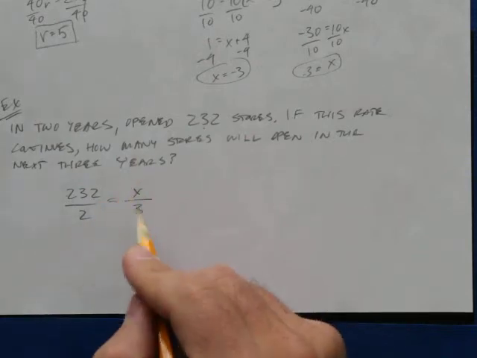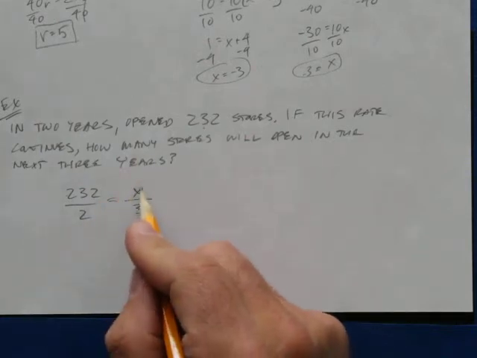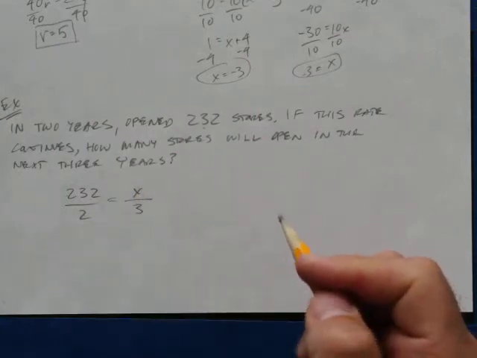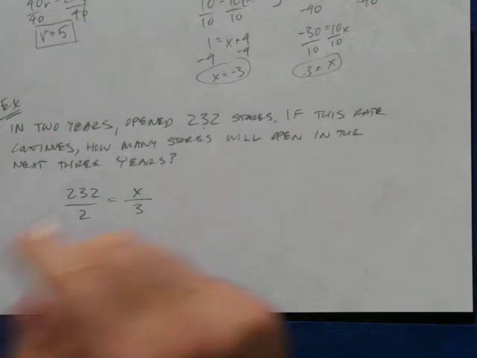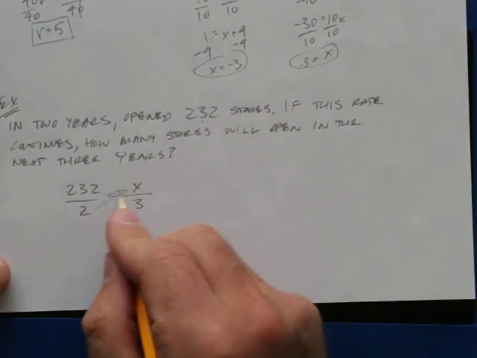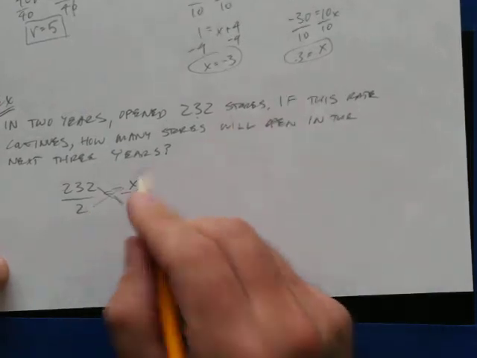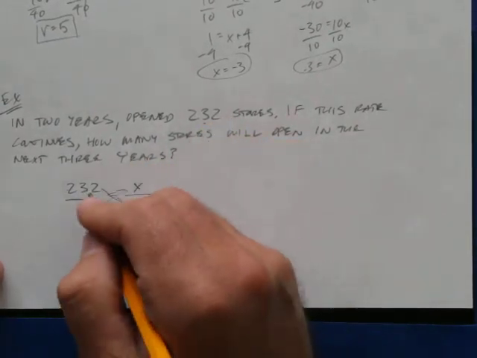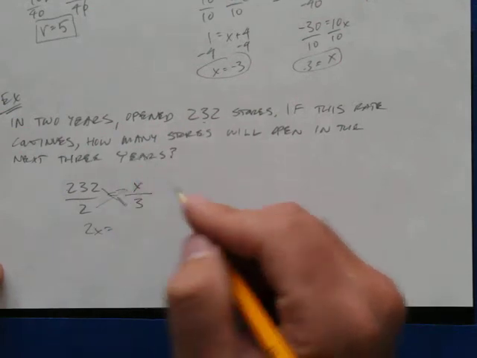Here are the next 3 years, and this is how many stores will open during those 3 years. So I'm going to cross multiply here, or do cross products. So 2 times x is 2x equals 3 times 232.